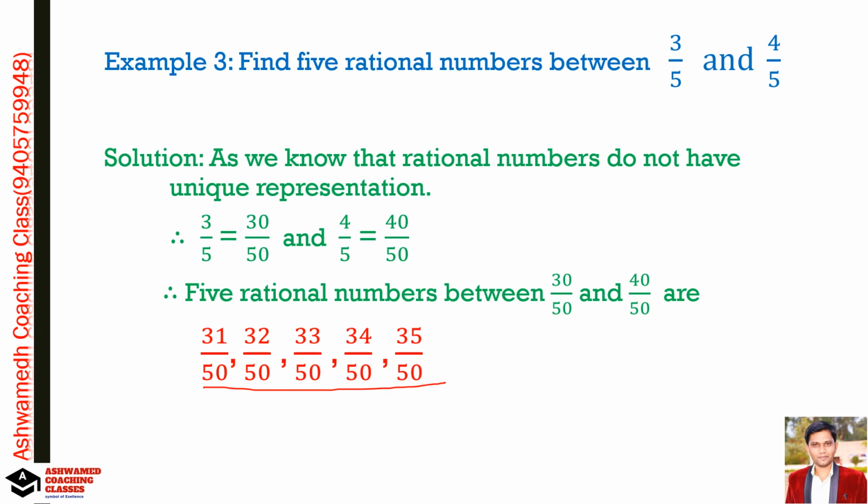Make the denominator the same so that you can find rational numbers between them. These are rational numbers, not integers, that's why we use this trick. In the previous example, we wanted six rational numbers, so we made the denominator 6 plus 1.